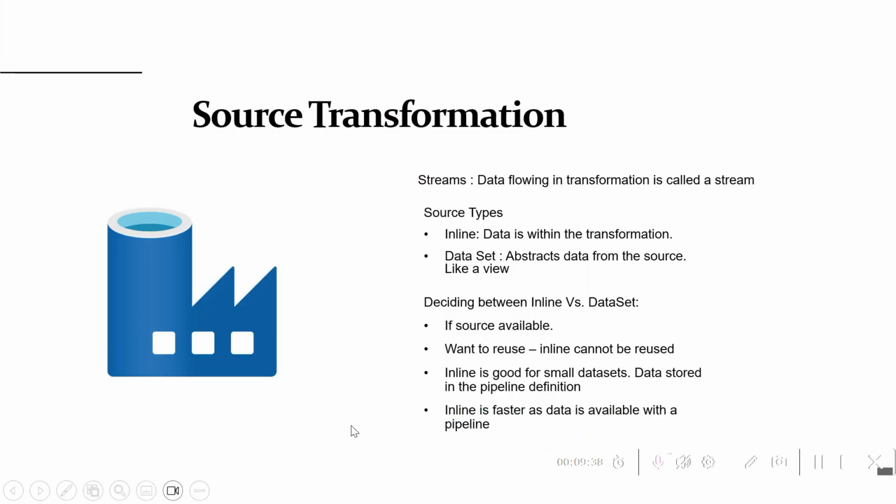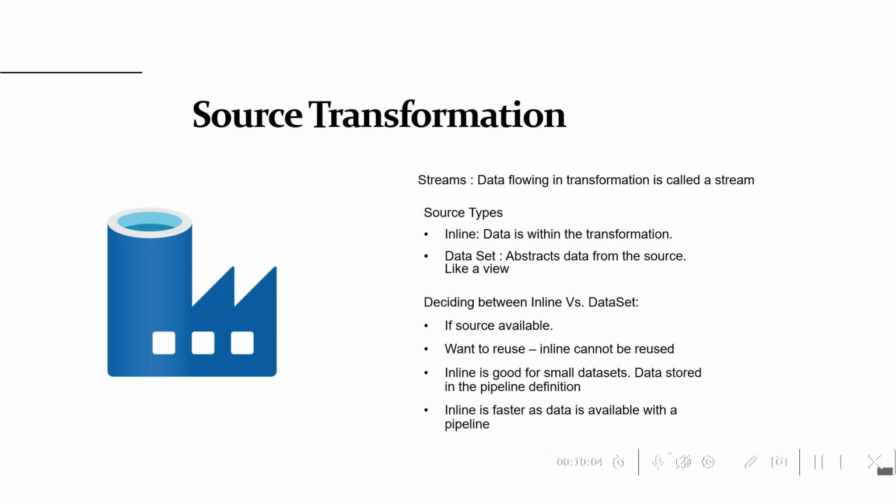The other thing is if you want to reuse it. If you want to reuse the same data in different data source transformations, then you need to use it as a data set, not as an inline, because inline lives in only one data flow. You cannot access it from another data flow. Inline is usually good for a smaller data set, but if it's bigger, it's good to go for a data set.